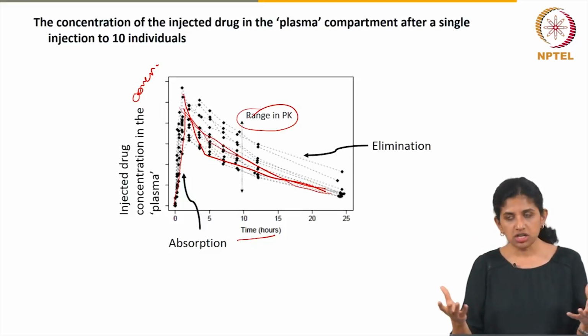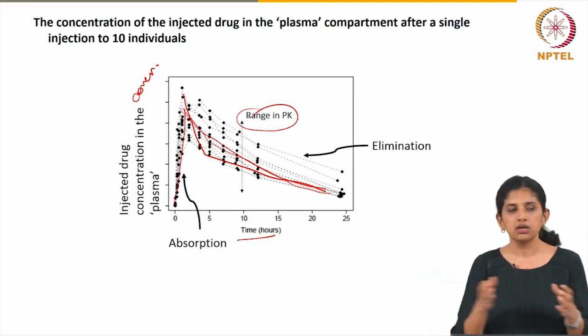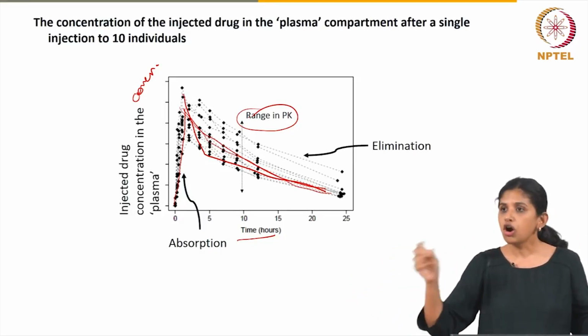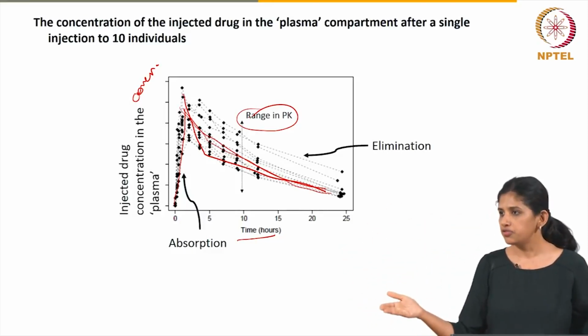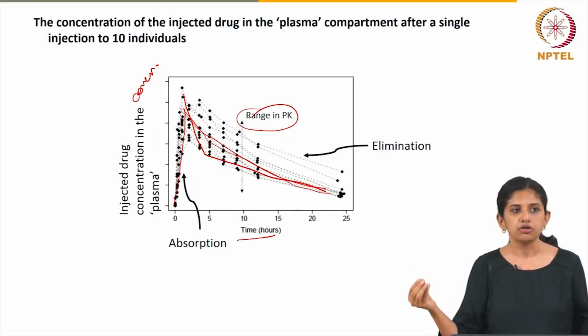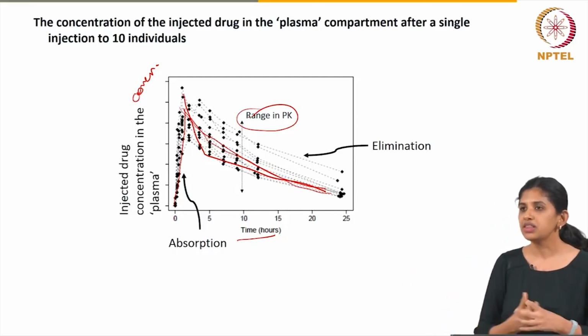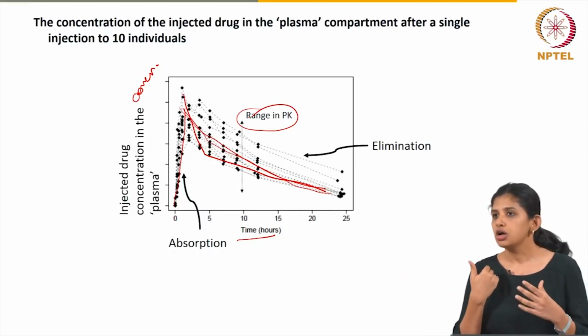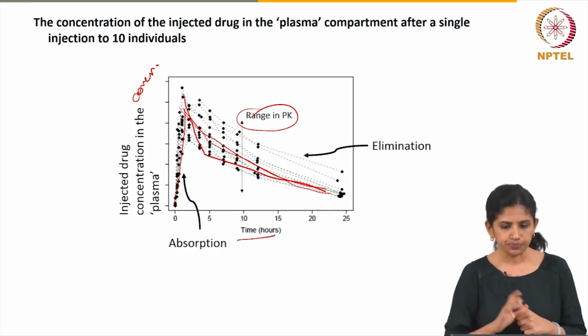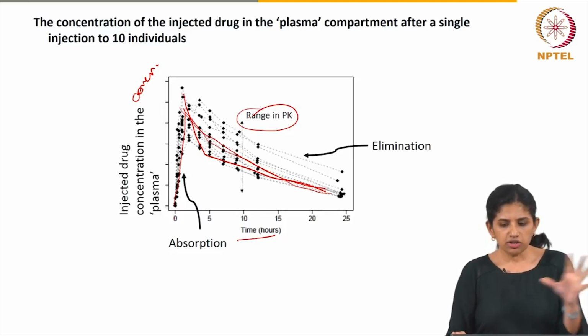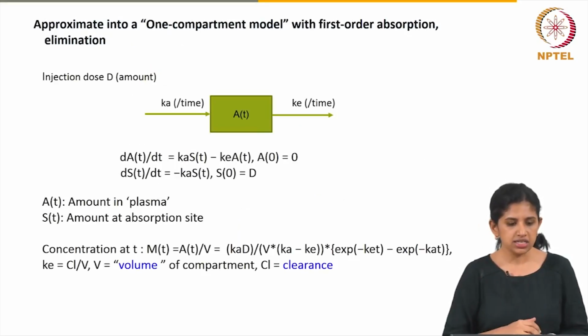But in biology, when you do the same experiment in 10 settings, you are not going after one curve, because 10 different human beings will behave differently because their parameters are going to be different. So, variability is something that we need to acknowledge way up front when we worry about things like this. Okay, so that is the basics of PK.